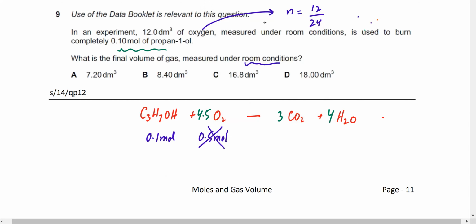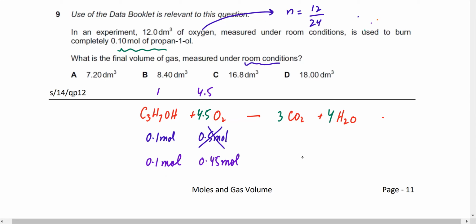Now the thing is, moving forward, according to the ratio, 0.1 moles will react with 0.45 moles, because that's what the ratio is. It's 1 to 4.5. So 0.1 would react with 0.45. So oxygen is clearly in excess.